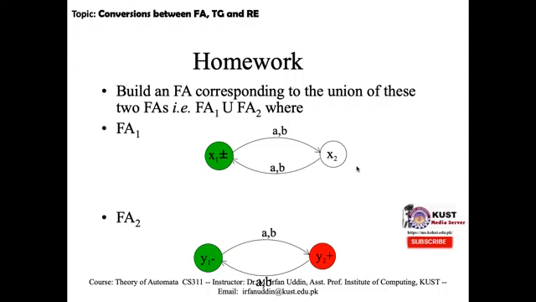If you look at FA1, it accepts even numbers of A's and B's. And if we look at FA2, it accepts odd numbers of A's and B's. As homework, we have to combine these two FAs in the union.